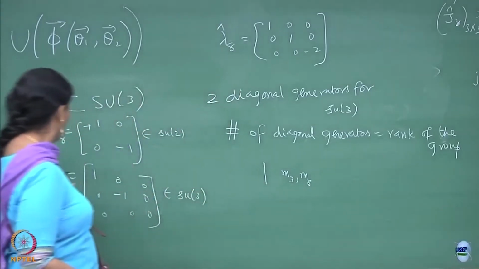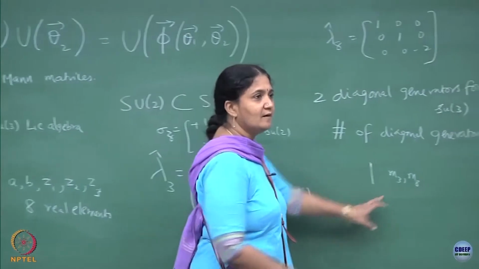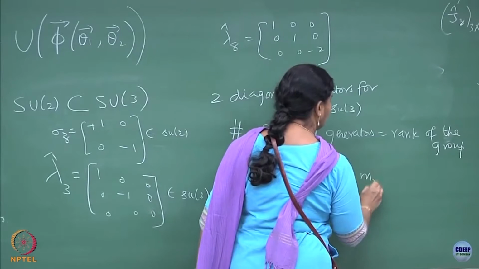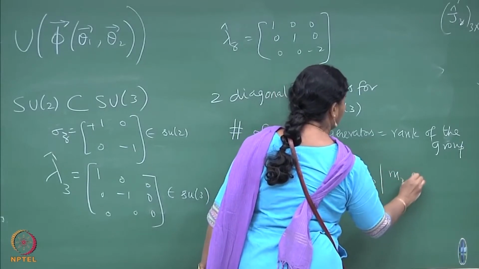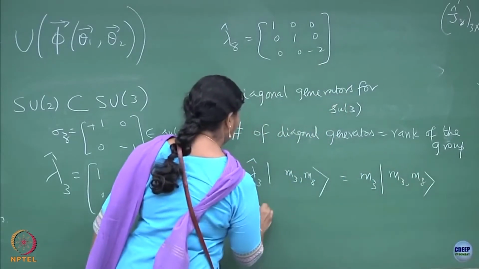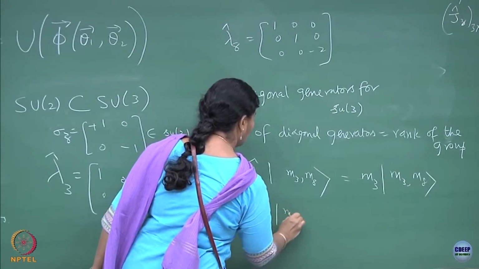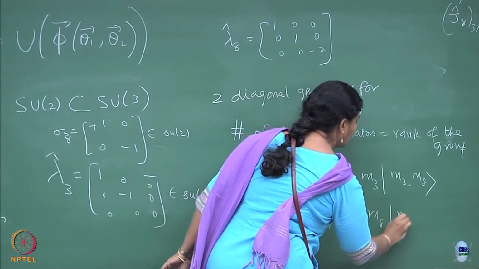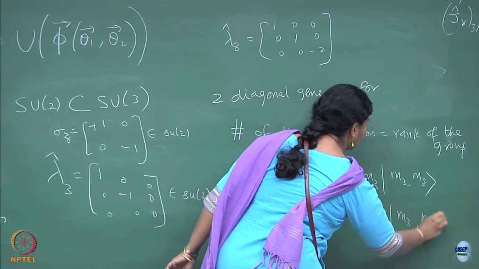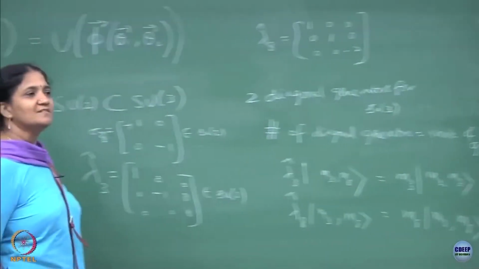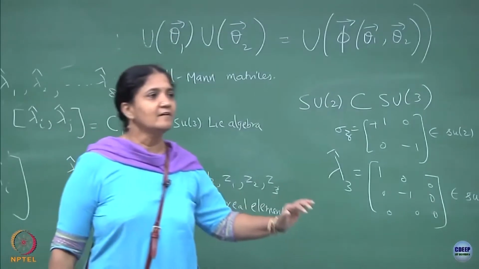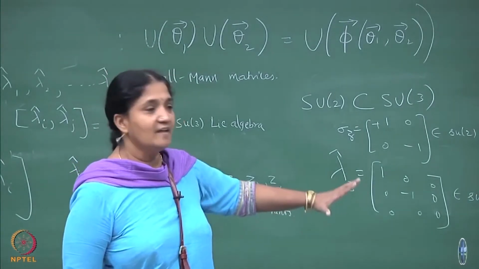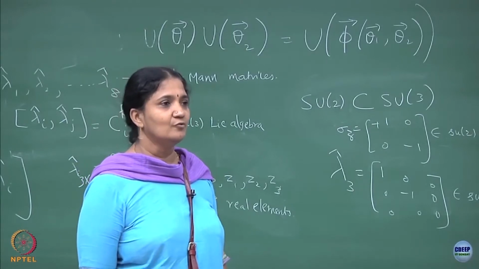Lambda 3 acting will give you M3 times the state |M3 M8>. Lambda 8 will give you M8 times |M3 M8>. You agree? This is the slight variant which starts happening once you go to the states in the case of SU3.